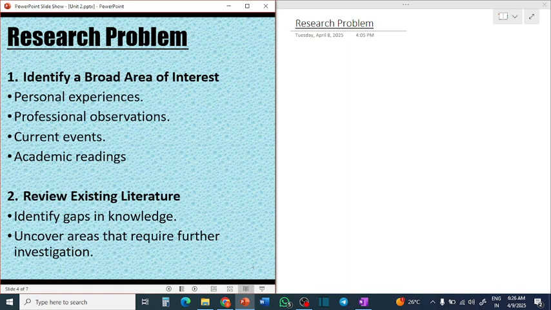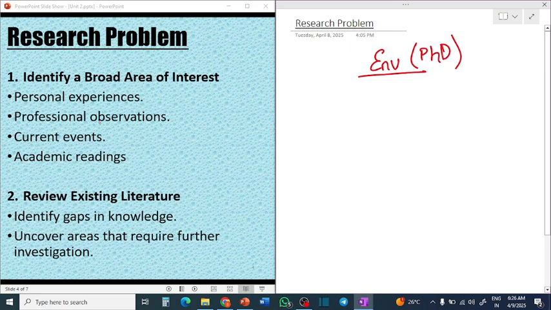Suppose you are doing a PhD on the subject of environment. And in environment, suppose you have selected that you will specifically learn about biodiversity. You will do a specialization on biodiversity.